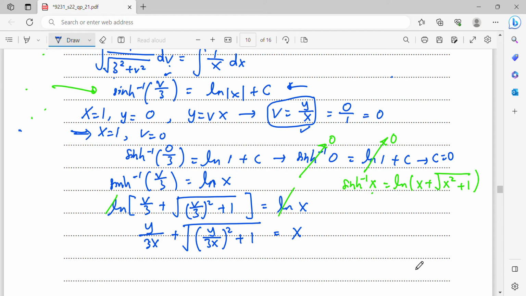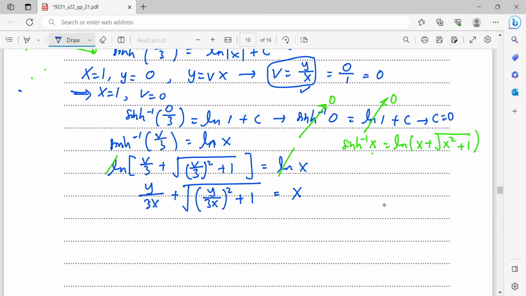Okay, so now we just need to get y as the subject. For the square root part, I will get the same denominator first. So the square of 3x is 9x squared. Then y squared plus, I get the same denominator for the 1, which means it's 9x squared. That equals x.